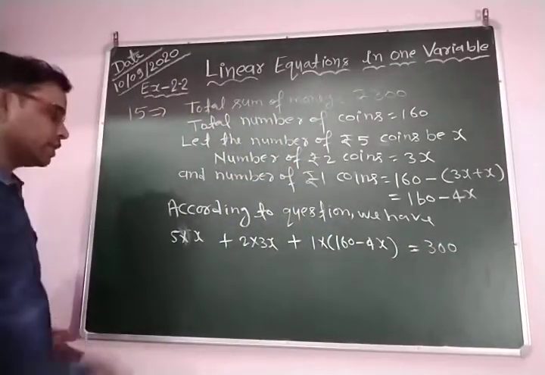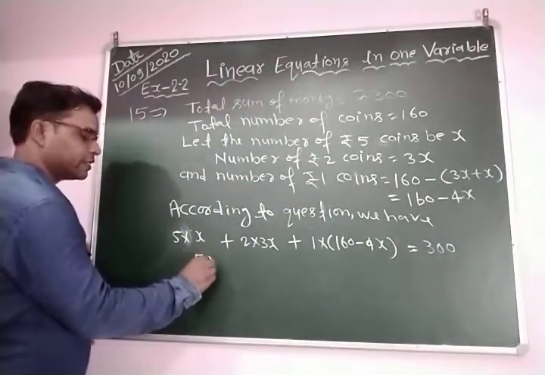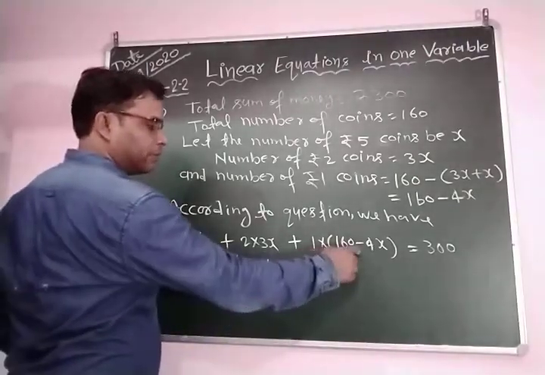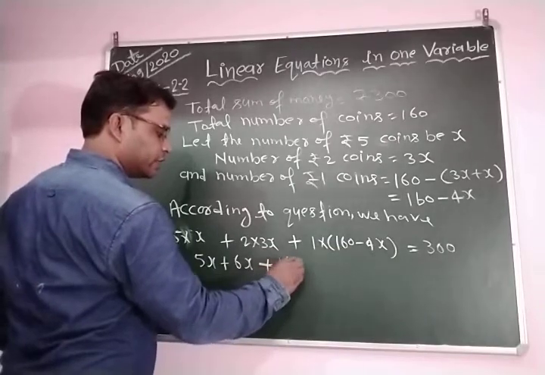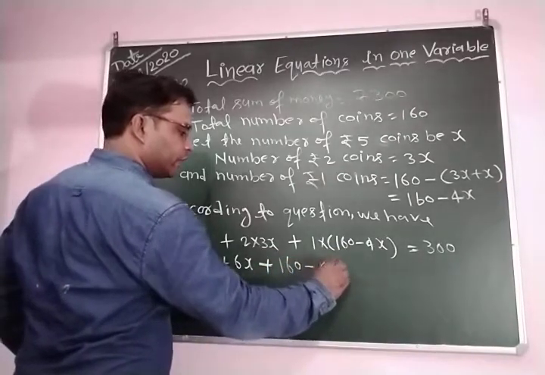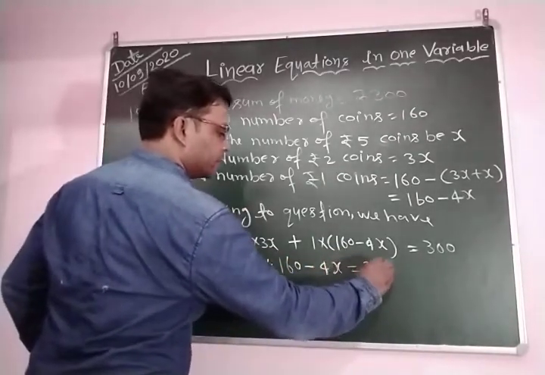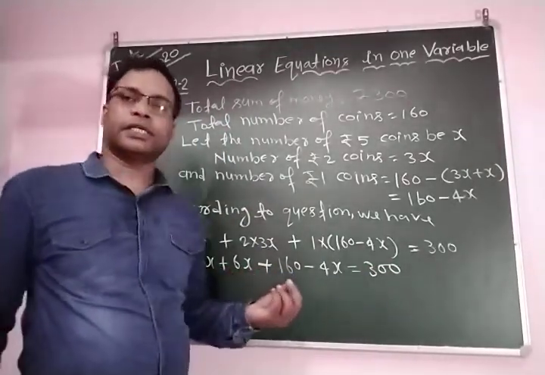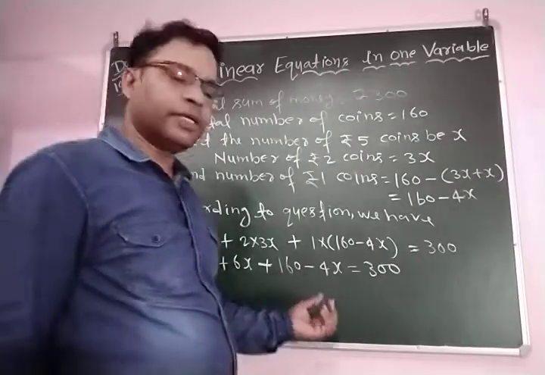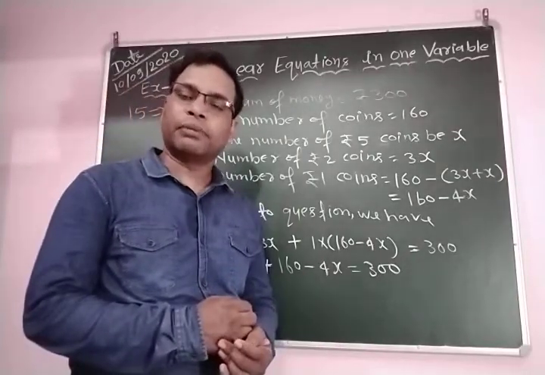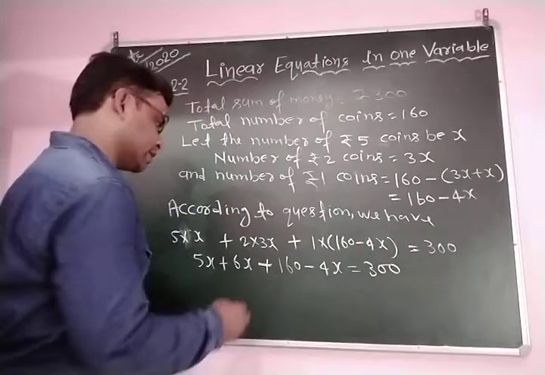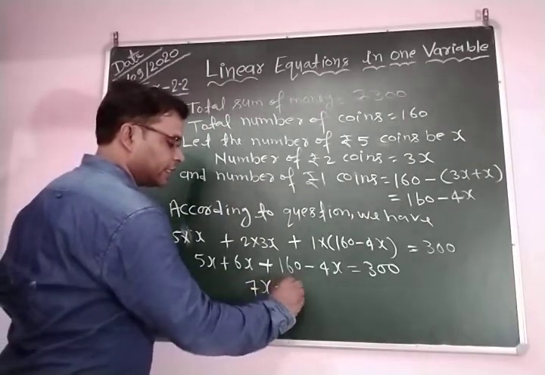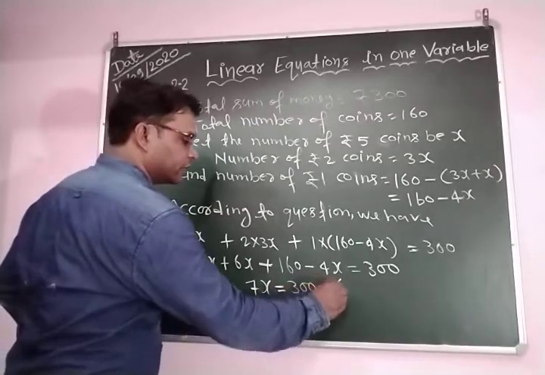So this is 5x plus 6x plus 160 minus 4x, equal to 300. Now 5x plus 6x is 11x. When we subtract 4x from 11x, we obtain 7x. On the right hand side, 300 minus 160.